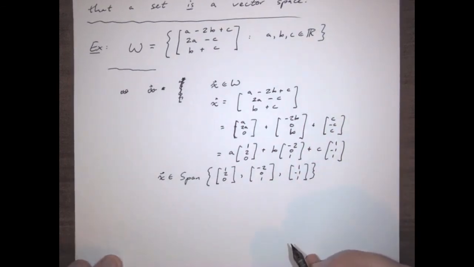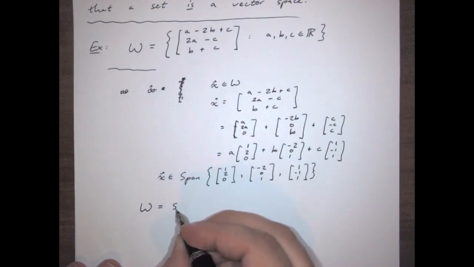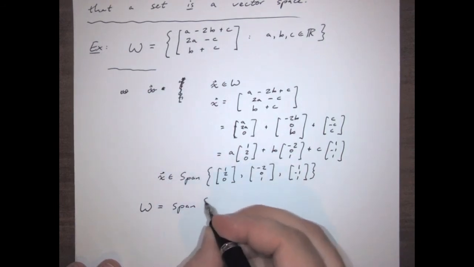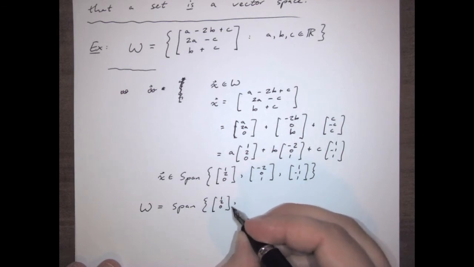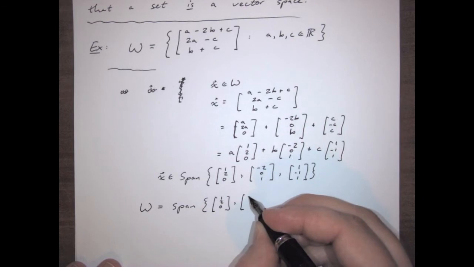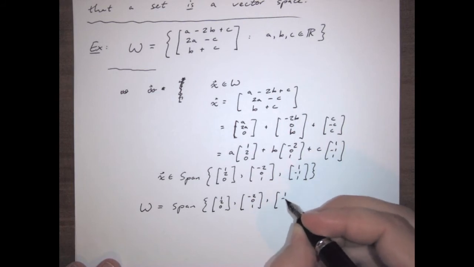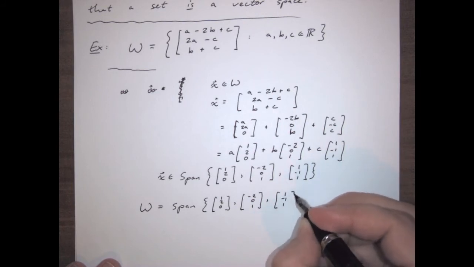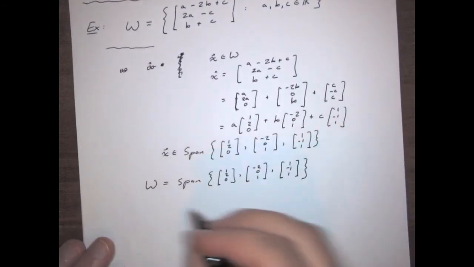So X is in the span of these. So that means that W equals the span of these three vectors, because W is exactly the set of all the combinations of these sorts of things that you can make. And if you know that it is a span, then you know that it is a vector space.